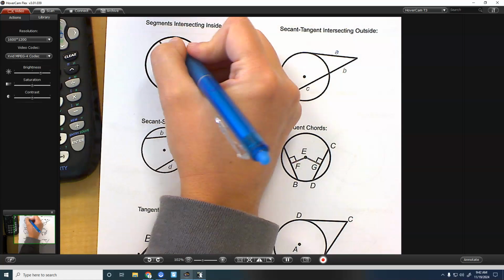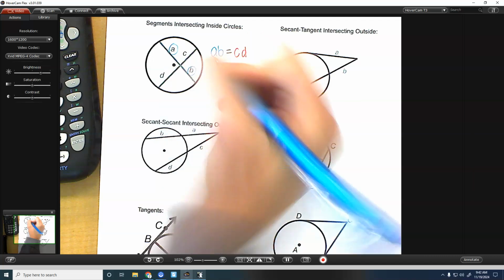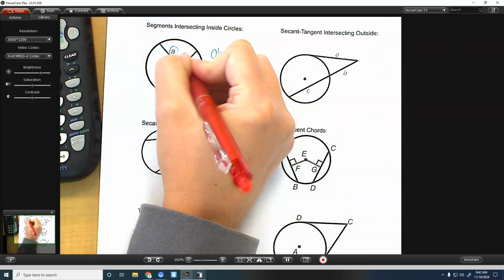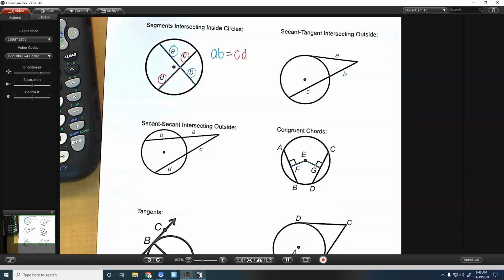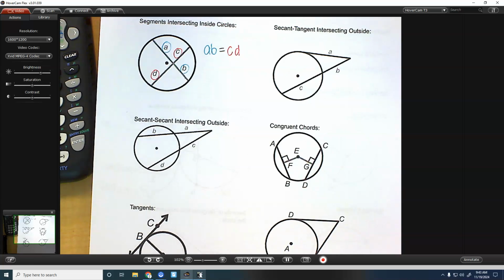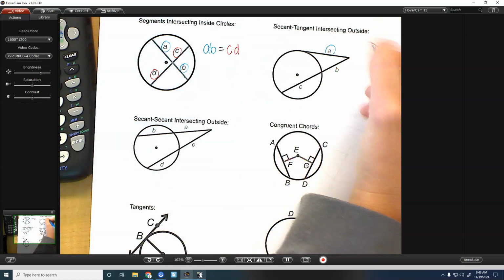We'll color code a little bit here. You can highlight if you want. Okay. For our secant tangent intersecting outside, we would have our tangent squared.